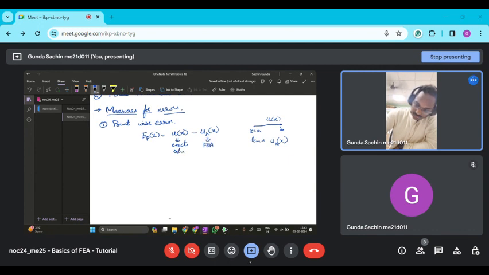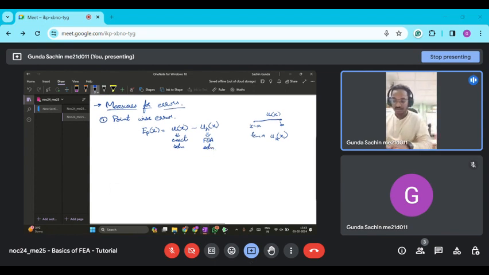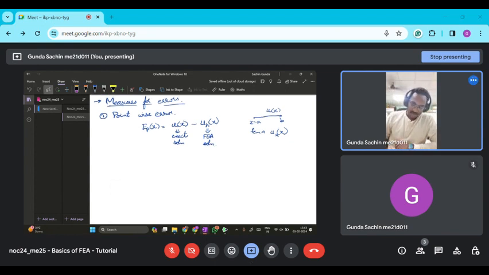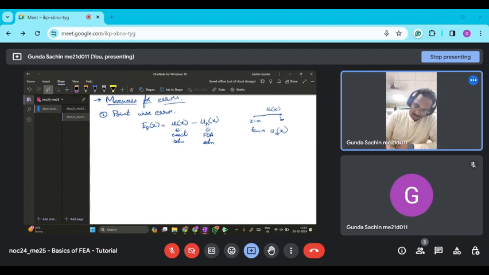So this will also be a function over the whole domain. It's not a single value.